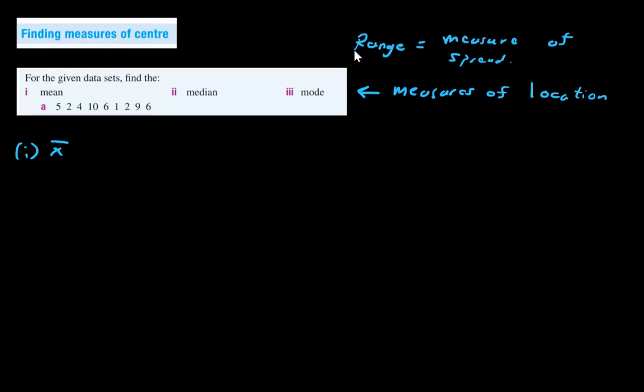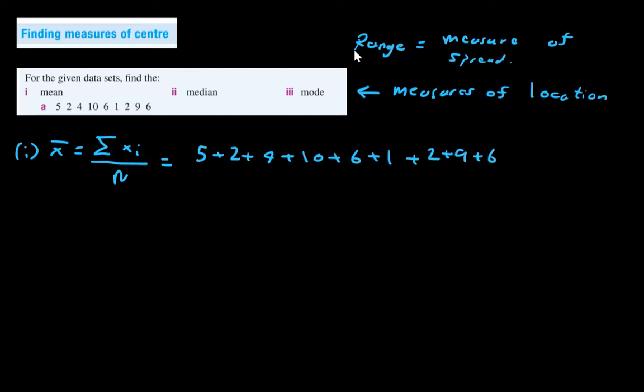The mean, usually referred to as the average, is the sum of all the pieces of data divided by the number of data. So we add up all the values: 5 plus 2 plus 4 plus 10 plus 6 plus 1 plus 2 plus 9 plus 6, and we divide by the total number, 1, 2, 3, 4, 5, 6, 7, 8, 9.